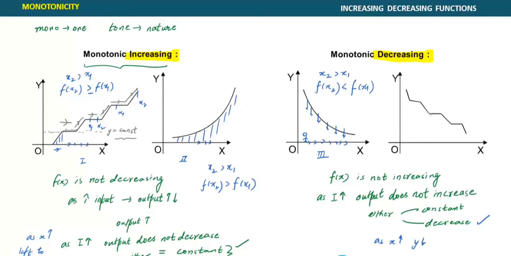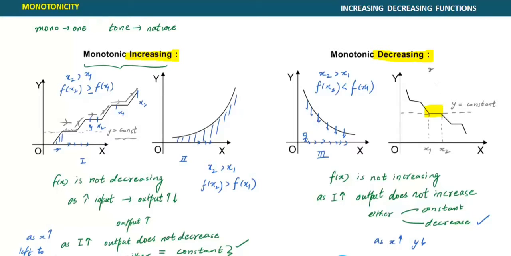Now again, if you see what is happening in this particular region, in this particular bar, the y is constant again, right? If you notice, the y component is the same. Y is constant. So if y is constant, let's say this is your x1 and again this is your x2.